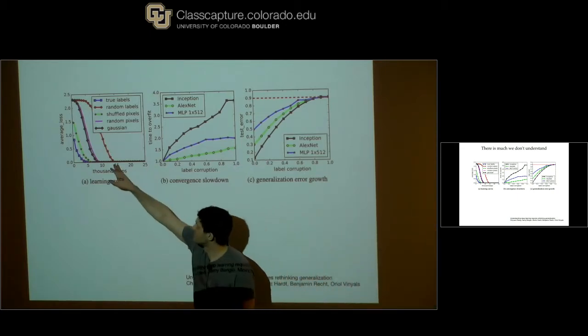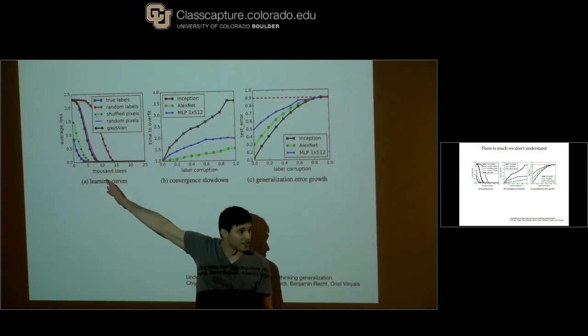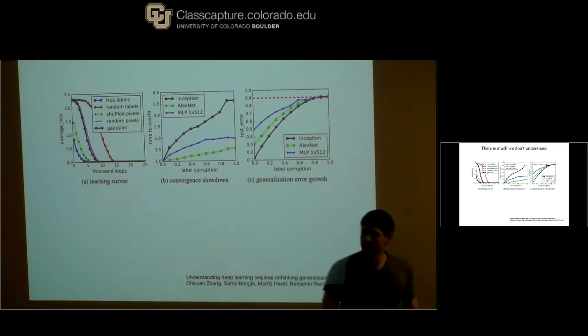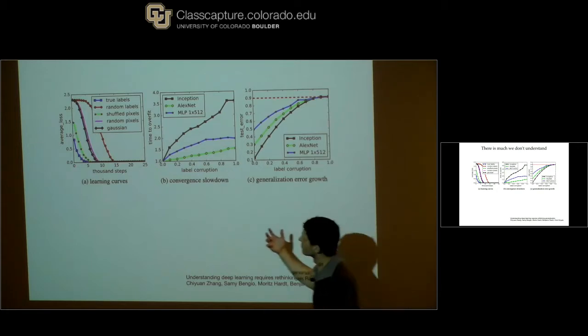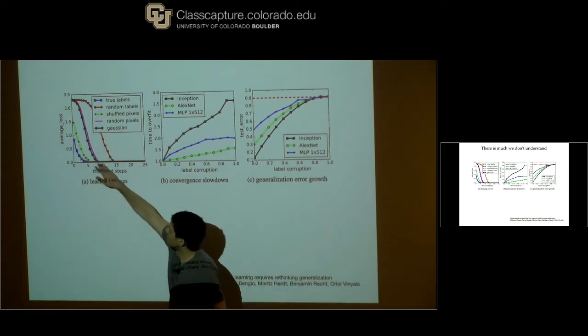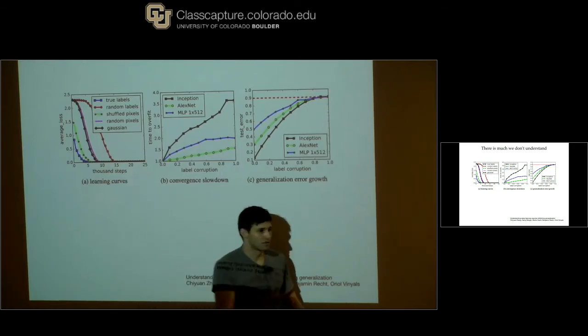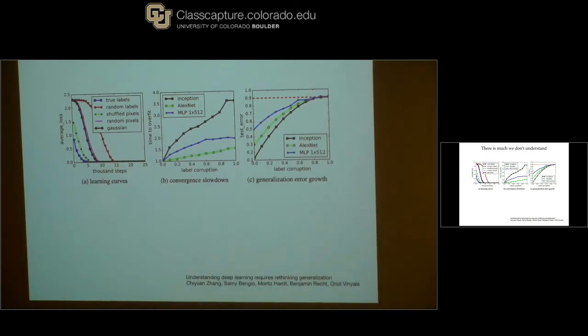And so this is surprising: you have a model that when you trained it on the real data, it got no training error, but then it actually generalized, which I'll show you in a second. But when you train it on randomly shuffled data, it also memorizes the training data, and it can't possibly generalize in that sense because the test data would also be shuffled, and it would just be random labels as well.